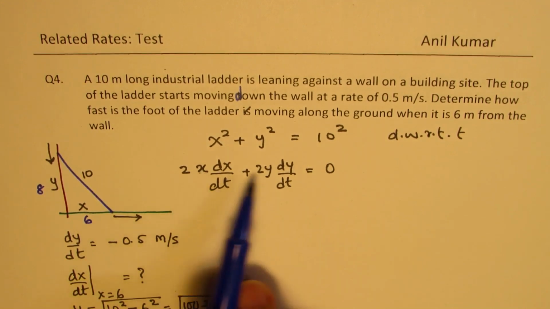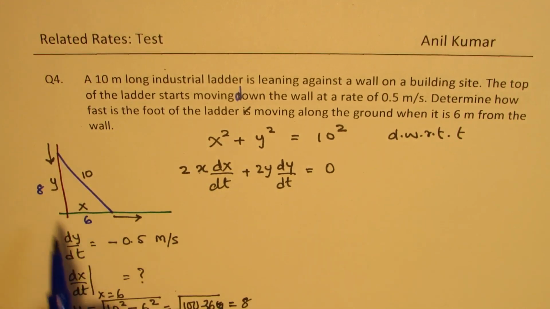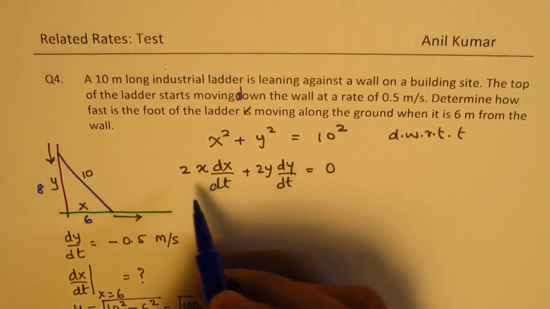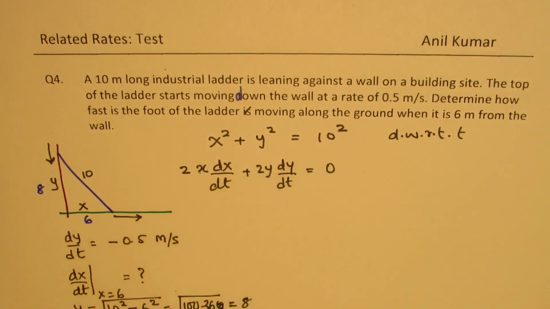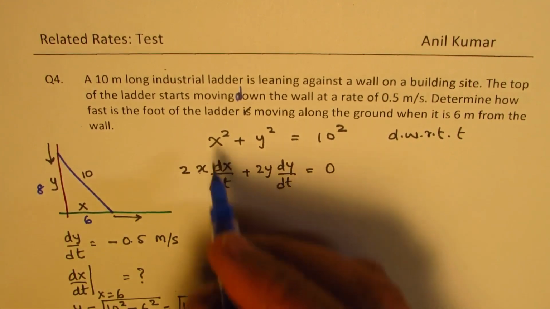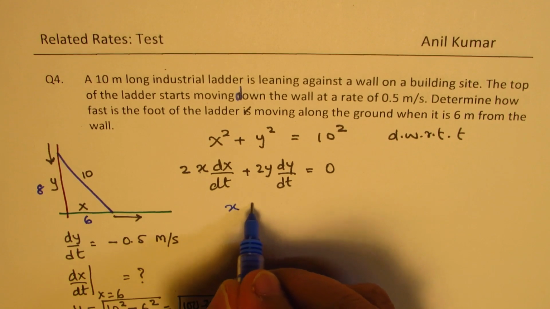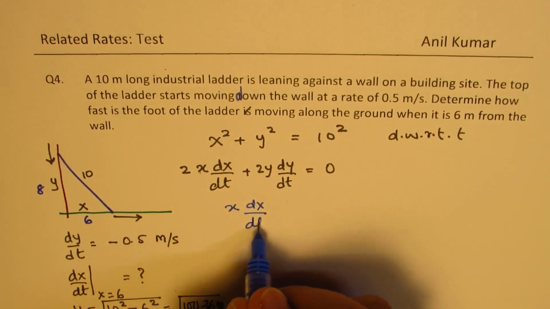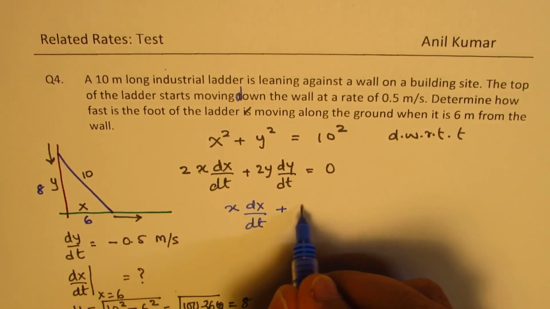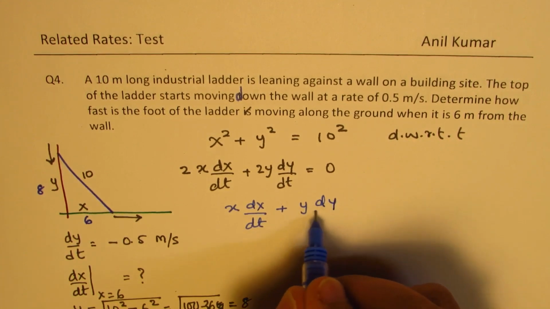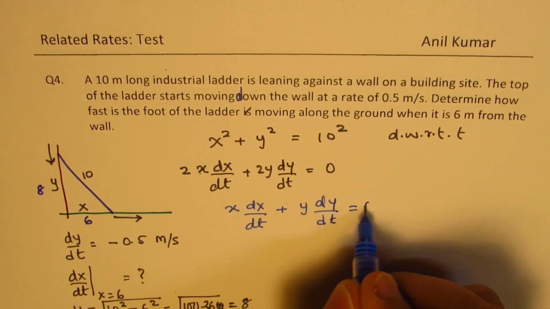We're going to need both the values of x and y, and that's why I made this change, correct? Okay. Now, you can always cancel 2 from these places. So what we get here is x dx/dt plus y dy/dt is equal to 0.